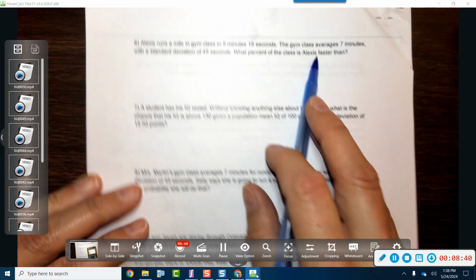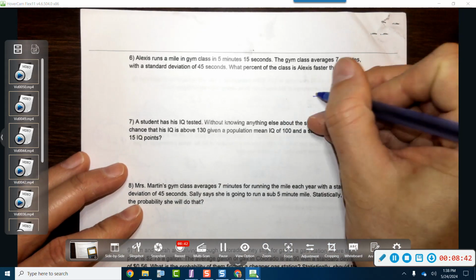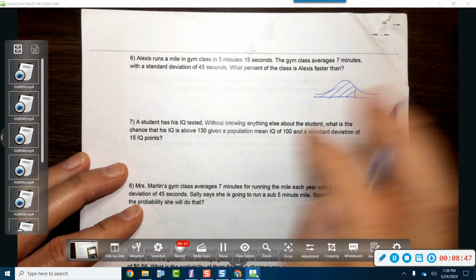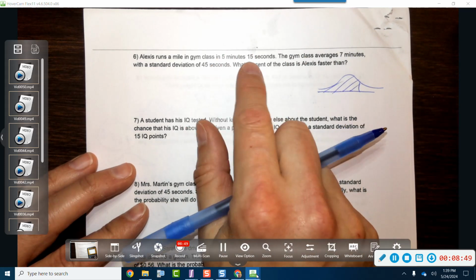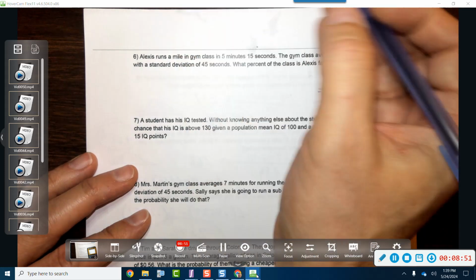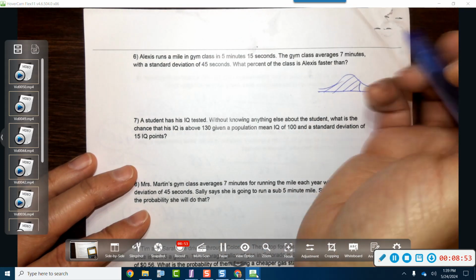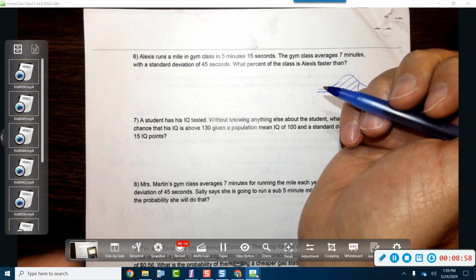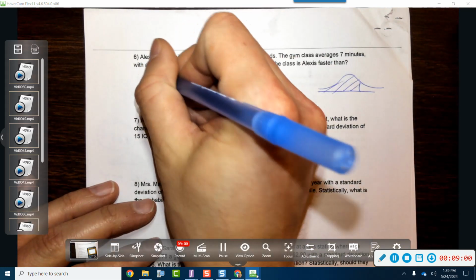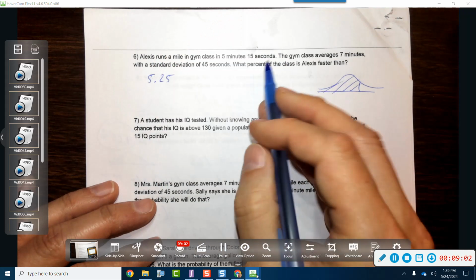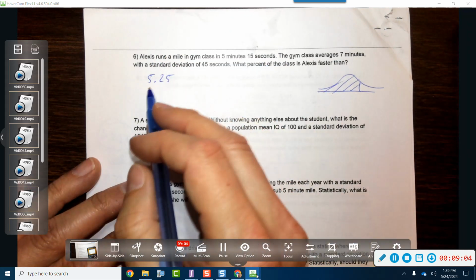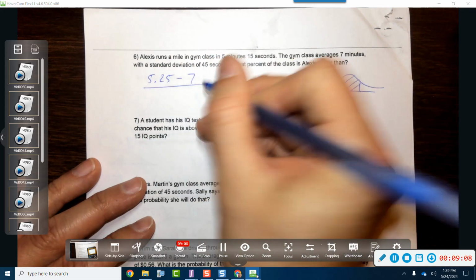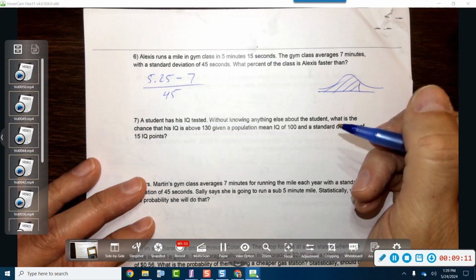Okay, I like that question because it means that this is a left-hand tail, right? She's faster than this amount. But do not put 5.15 as her score. It's 5.25 because 15 seconds is a quarter of a minute. So this is how fast she is. But the average is 7 with 45 seconds.